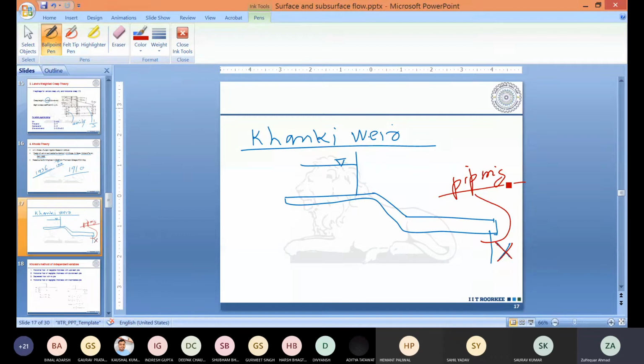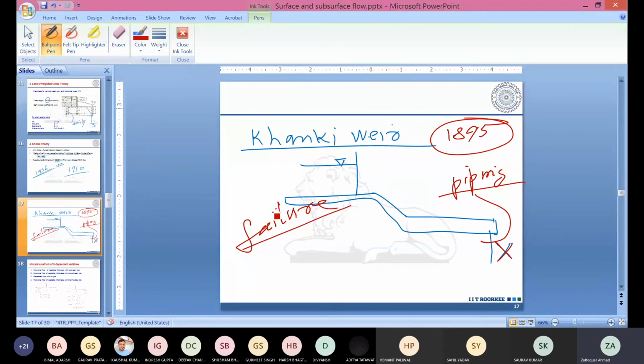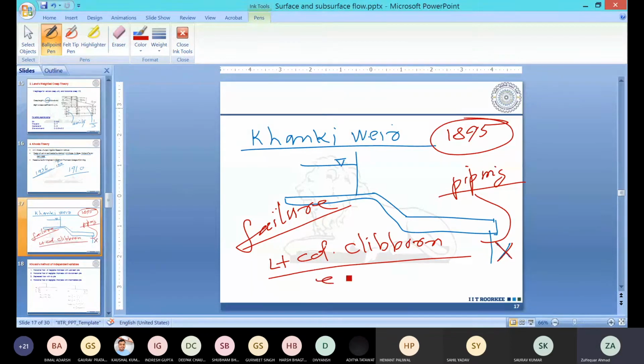So this Khanki weir was constructed in 1895, and after its failure, the principal of this Thomson College of Engineering, Colonel Clibborn, and his team did some experimentation here at Roorkee to investigate the reason for the failure of this structure.